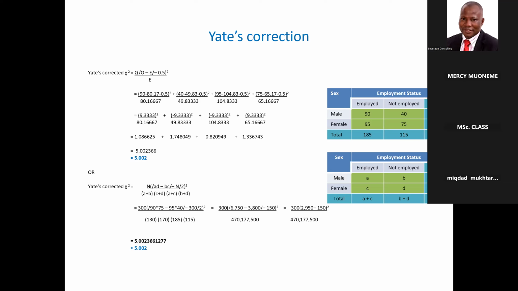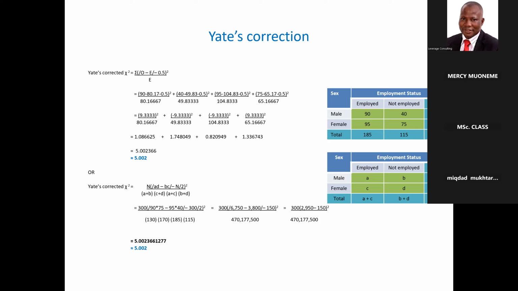Some people believe that there's no need for that correction because the chi-square test is already a conservative test. I also believe that. I'm not telling you, but some people use it to their own advantage. For example, if like this one, both the Yates corrected chi-square and the chi-square itself are far above the critical value, it is significant, so they will not say corrected chi-square.